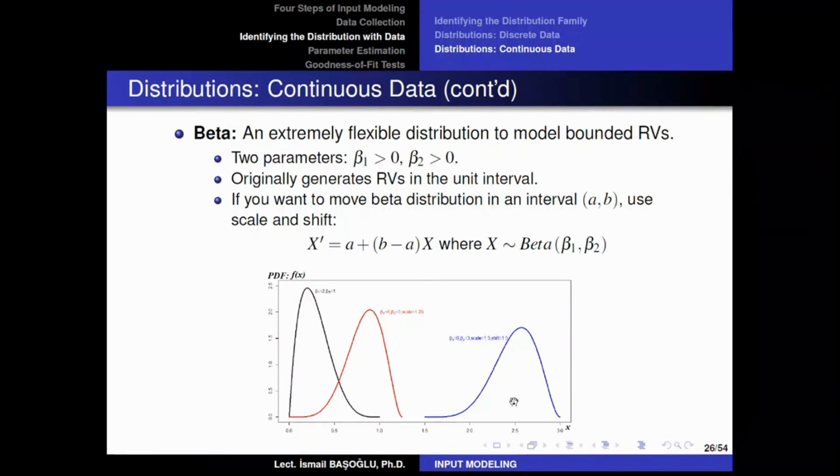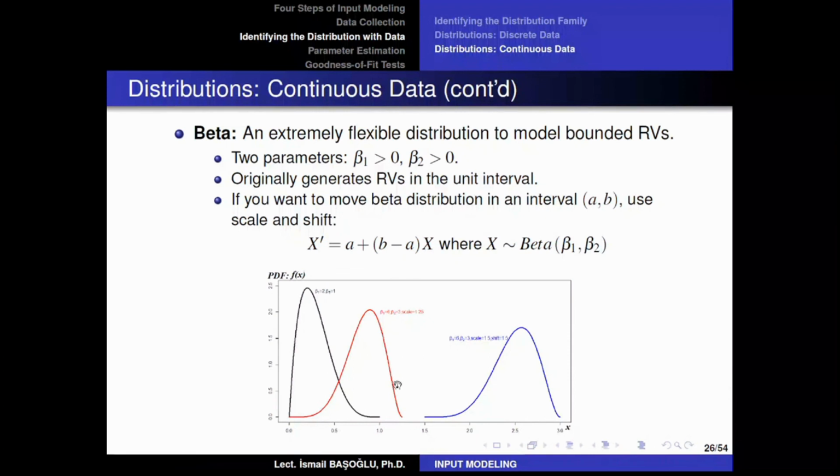And how did we get that? You know, the width of this interval is 1.5. So we multiply the beta random variable with 1.5 and we scaled it, which is 3 minus 1.5 here. And then we shifted it to move the density from 0 to 1.5. So here, the scale b minus a here is 1.5, and the shift a is also 1.5.